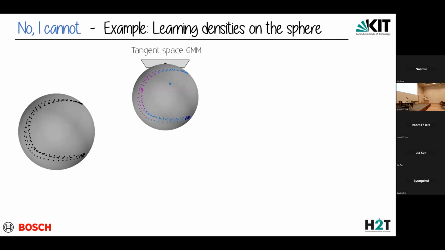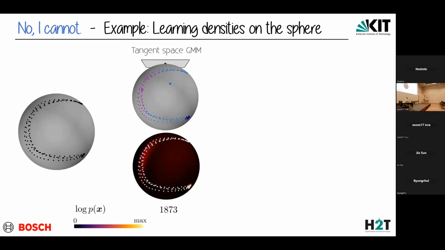We're going to define a tangent space, in this case at the north pole of the sphere, and we're going to project all our data to this tangent space using the logarithmic map. Then we train an out-of-the-box Gaussian mixture model and estimate the density like that. If we do that and project the density back to the manifold, this is what we get.